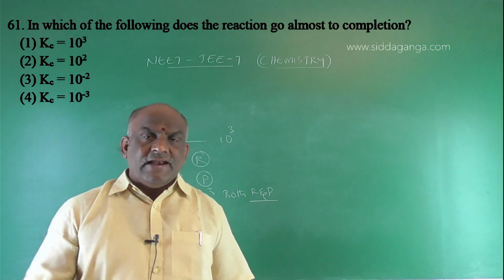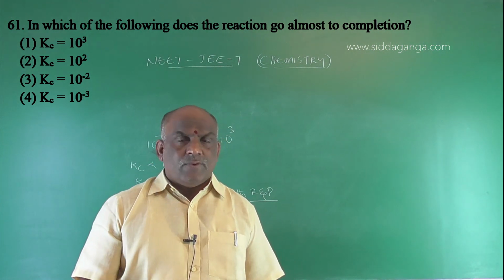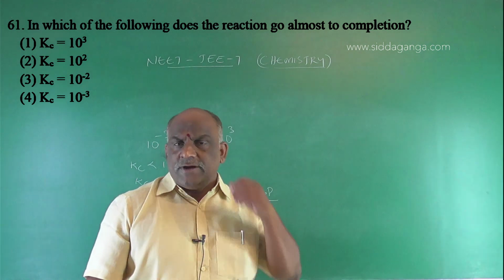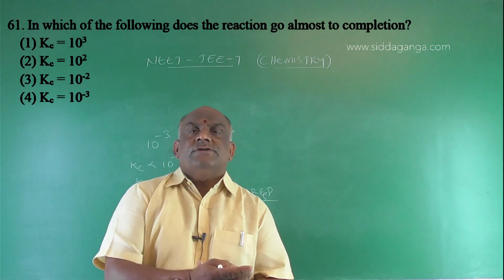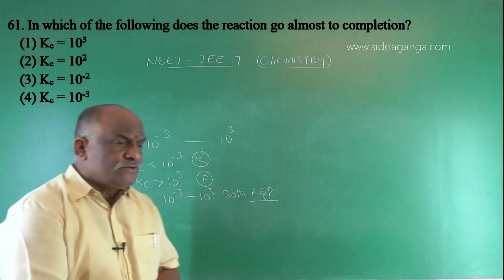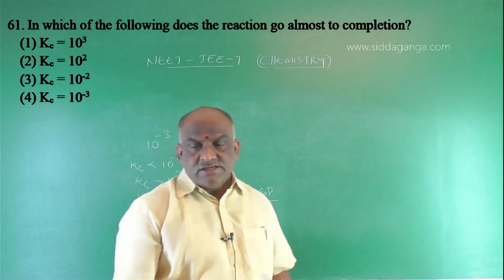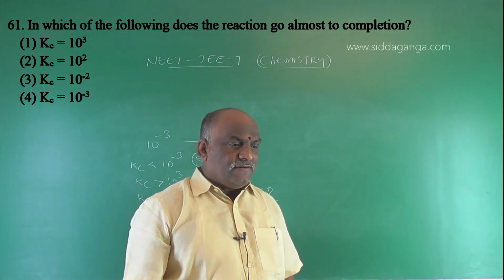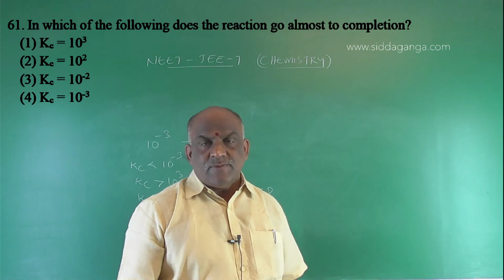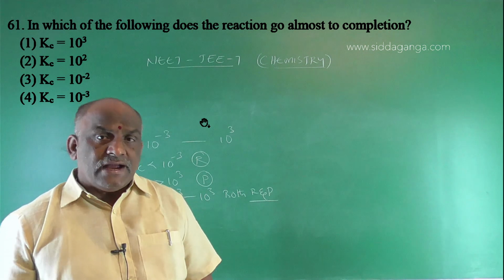So if Kc is greater than or equal to 10 power 3, products will be dominant, which means the reaction is almost finished. So we should go with the first option, Kc equals 10 power 3, the right answer for this question. If it is 10 power minus 3, reactants dominate.